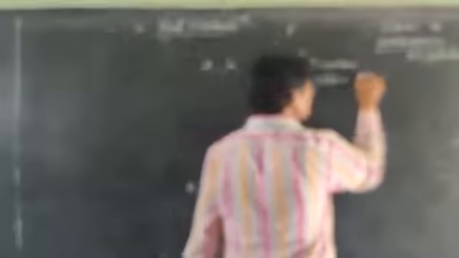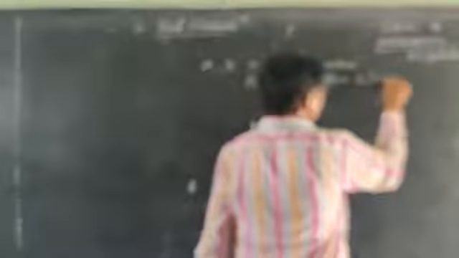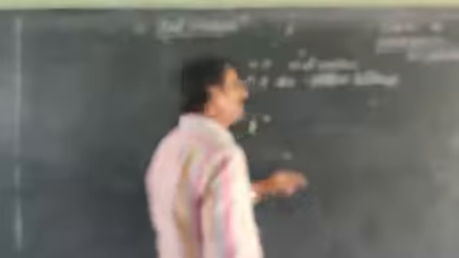Positive rational numbers. We are going to extend the same properties for real numbers. You observe, number 1, a to the power of p into a to the power of q equals a to the power of p plus q. The same law, but here we extended it up to real numbers. The bases are real numbers and exponents are positive rational numbers.